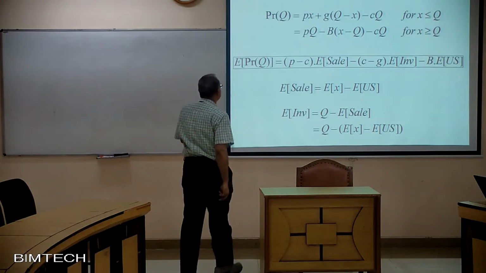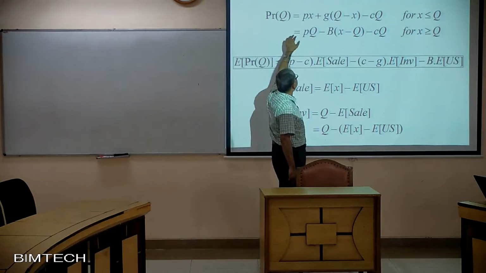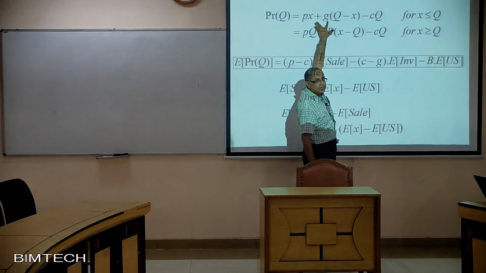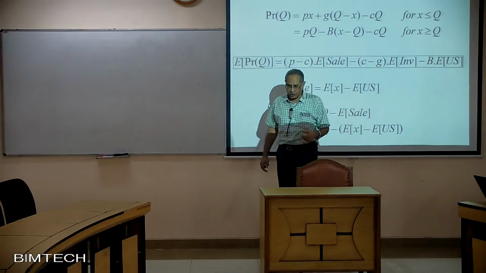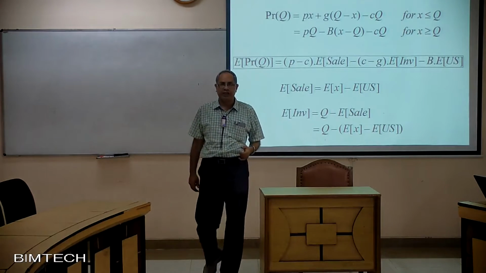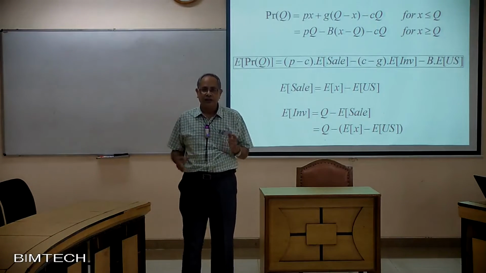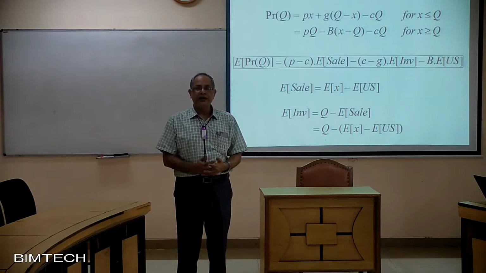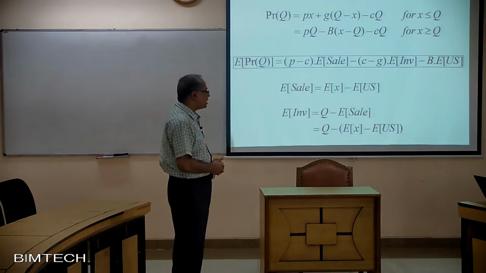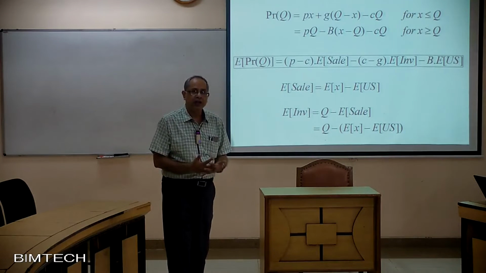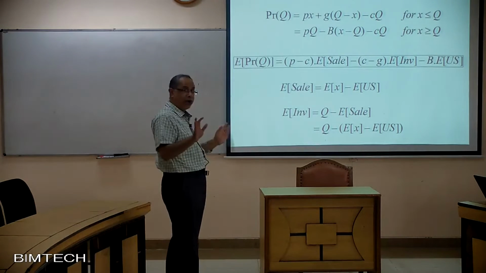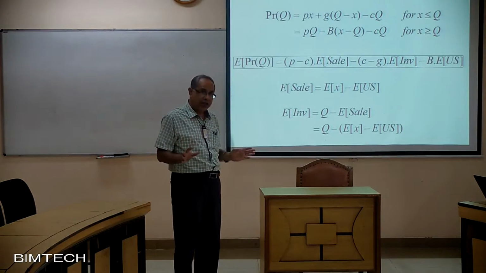And then of course, because we are talking of profit, the first two terms give us the revenue, minus C times Q, which is the total cost in this case. And this net gives us the profit at any quantity Q, as long as Q is greater than X.